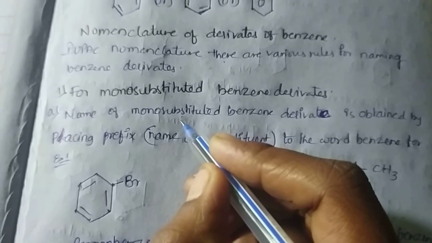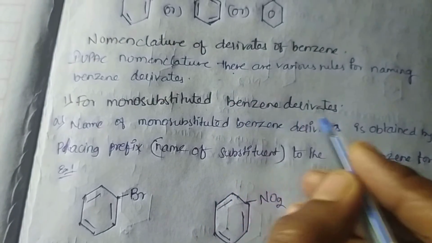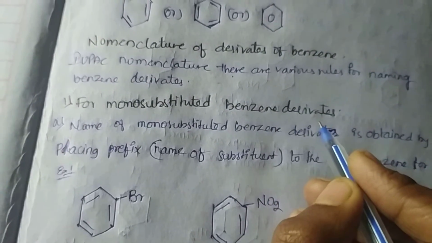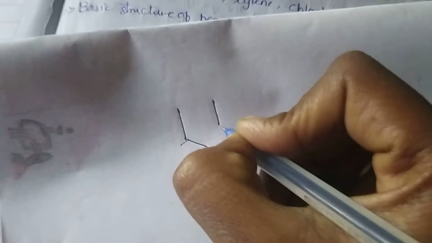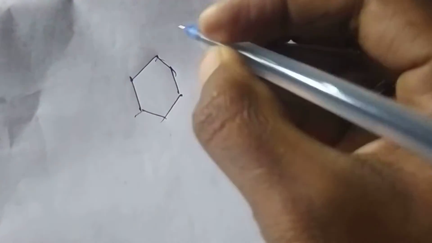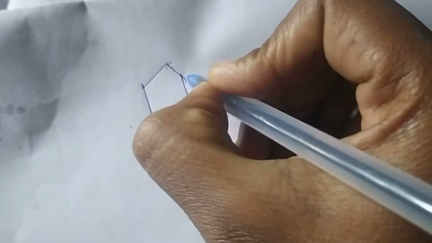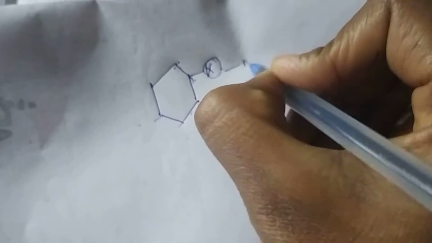Next, monosubstituted benzene derivatives. Mono means single substituted. For example, we take the benzene ring. In each carbon there is a hydrogen. One of the hydrogens is replaced with this X atom. This is monosubstituted.